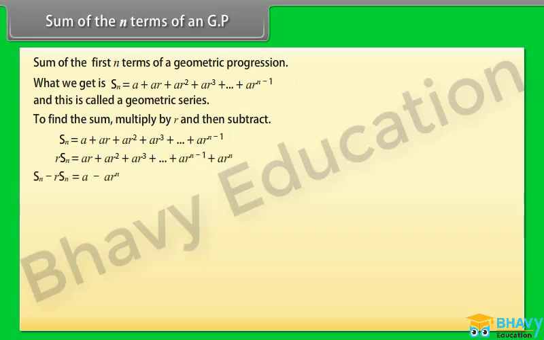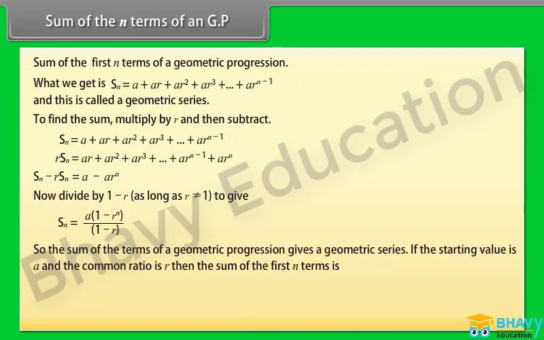We get Sn minus r Sn is equal to a minus a r raised to the power n. Now divide by 1 minus r, as long as r is not equal to 1, to give Sn is equal to a into 1 minus r raised to the power n whole upon 1 minus r.